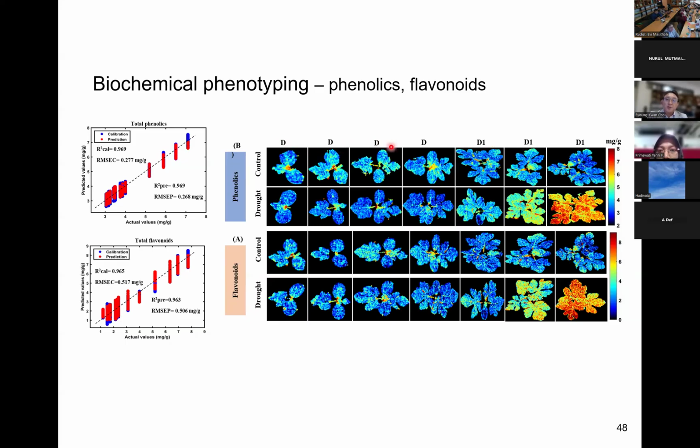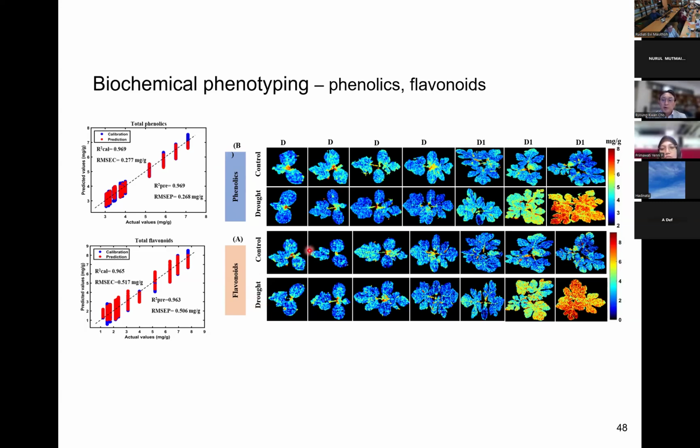This is 0, 2 days, 4 days, 6 days, 8 days, 10 days, and 12 days, something like that. So there is no change in the control. But with stress, after 10 days, the phenolic compound suddenly increased. That is a very interesting finding. So on certain days, it increased rapidly.